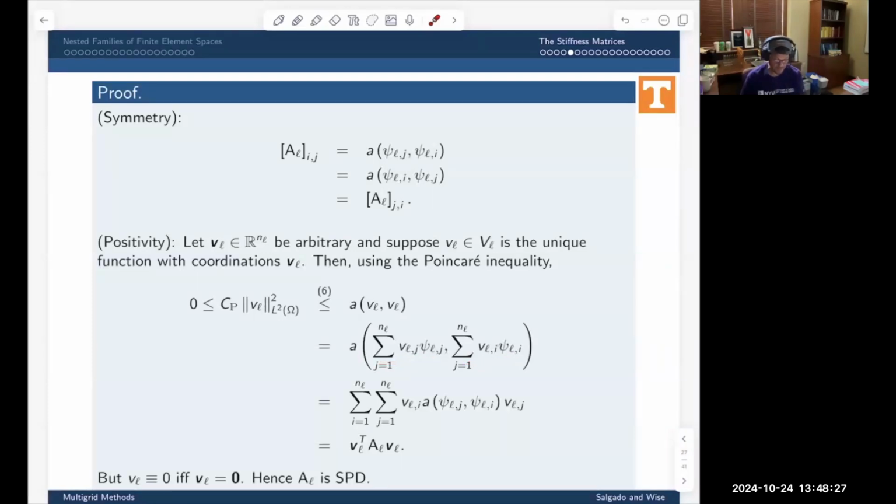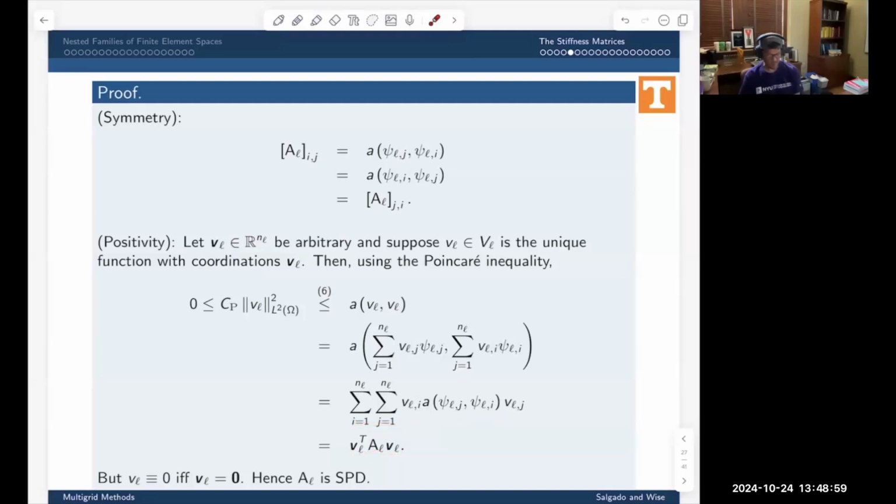So I can use the linearity to pull these summations out, and in fact, I can pull the coefficients out as well, right? So I have this object here in the end. But this object, if it doesn't take too much figuring to see this, is exactly equal to VL transpose AL VL. It's just equal to this quadratic form. Okay, this is equal to that. Just a very simple calculation shows that.